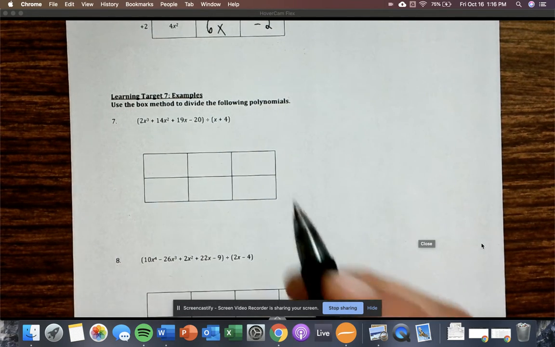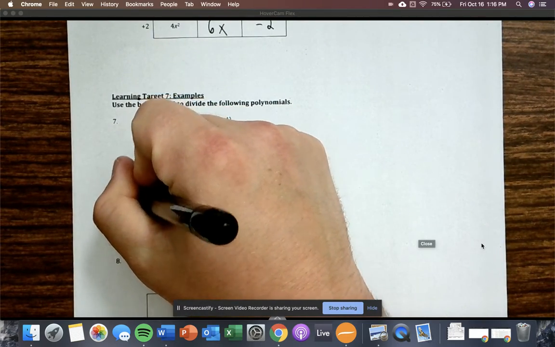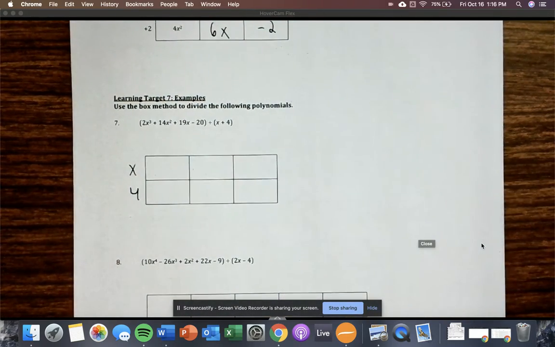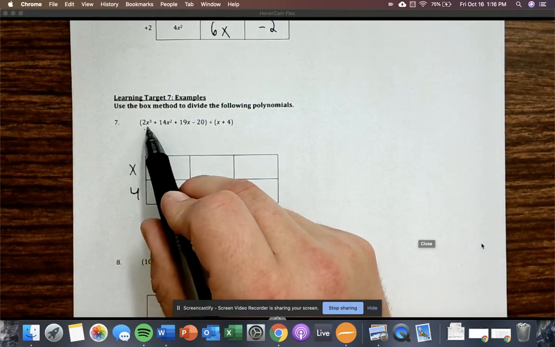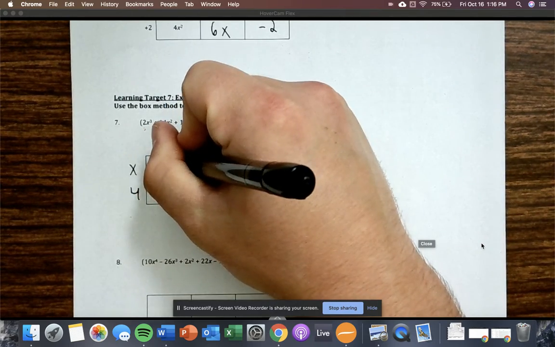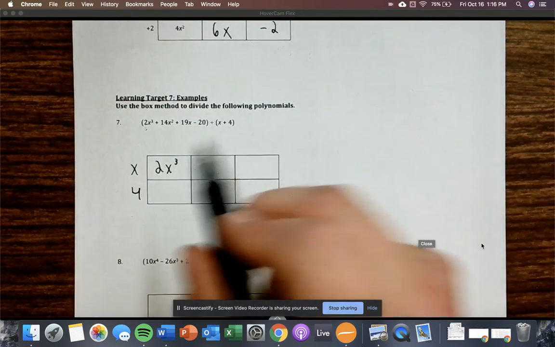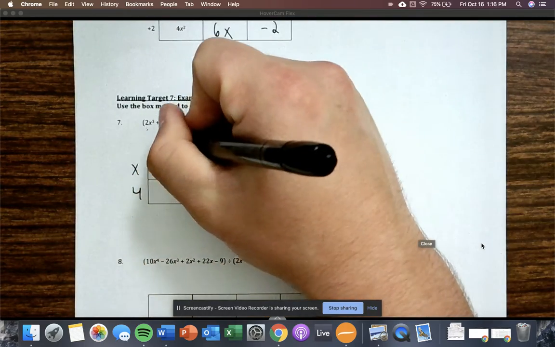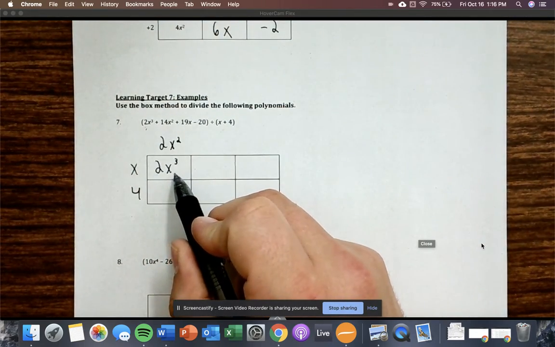Well, we kind of do that the same way. We're going to write this x plus 4 on the side. And I know the number with the biggest exponent here is going to be 2x cubed, so I'm going to write that in the top left corner. All right, and I know x times 2x squared is going to give me 2x cubed.